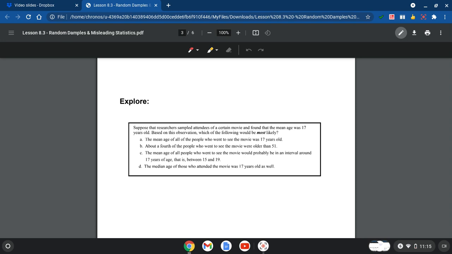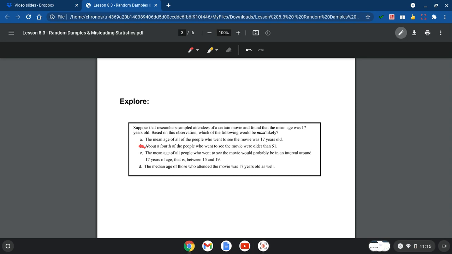B states about a fourth of the people who went to see the movie were older than 51. We have no way of knowing that, so therefore it cannot be B. C: The mean age of all people who went to see the movie would probably be in an interval around 17 years of age, that is between 15 and 19.